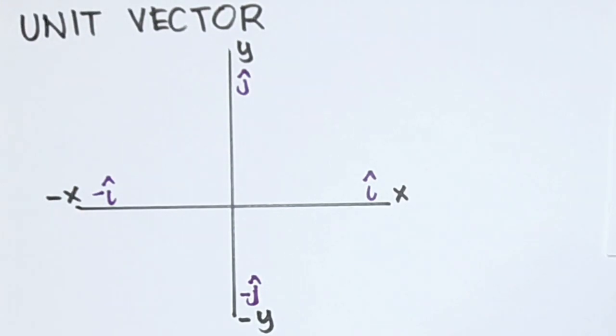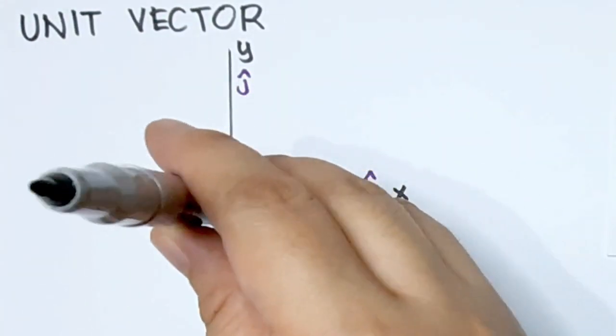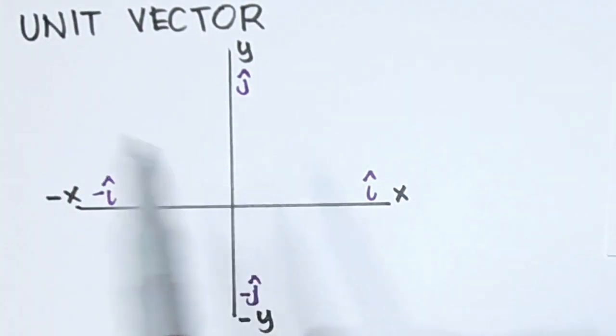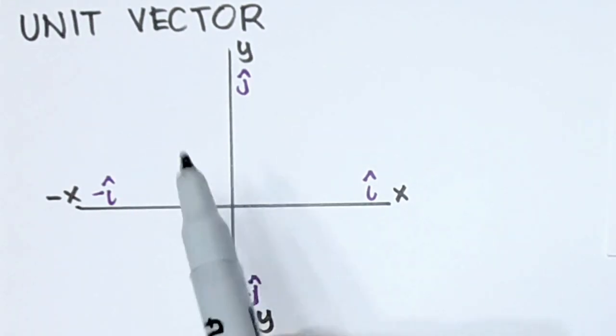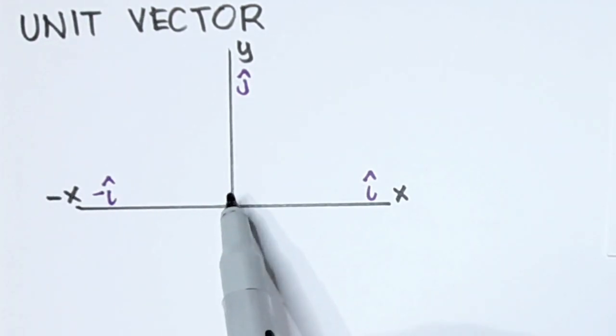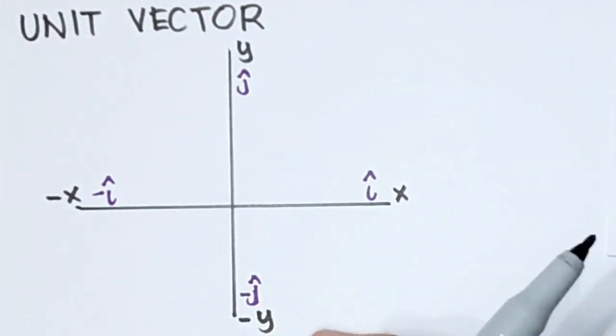Now, as I said, there is a 3-dimensional case. Since we cannot properly draw a 3-dimensional direction on paper, for example, if the vector is going out of the paper, that is positive z. If the vector is going inside the paper, that is negative z.